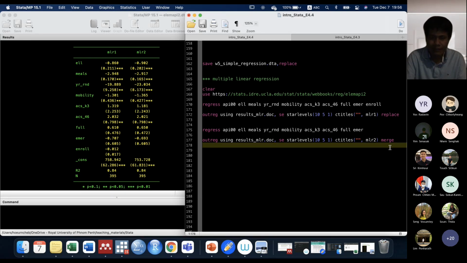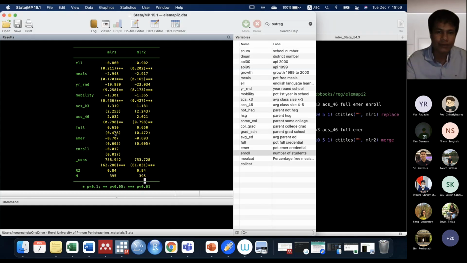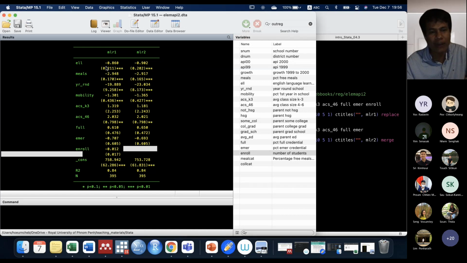You following me, guys? Teacher, so what does it mean by doing this? Normally, for instance, if you suspect that there is something wrong in your model, or probably you want to run a different model and then compare the result, you want to put it in the same table like this. For instance, if I exclude enroll from my model, you see that the coefficient for yield is increased from 0.8 to 0.9.